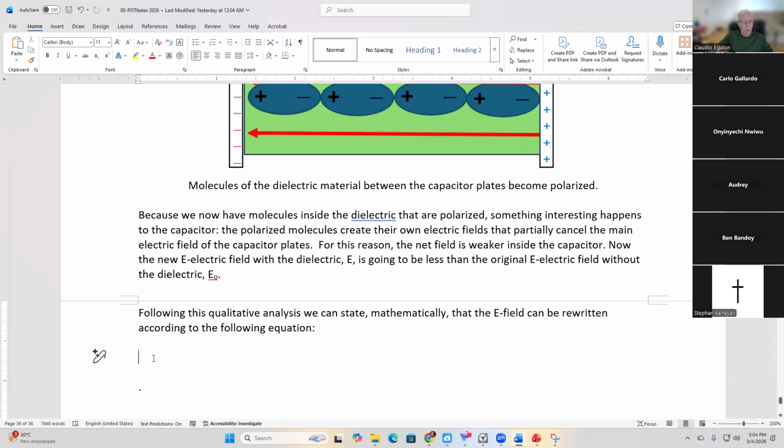New electric field is old electric field divided by a constant.